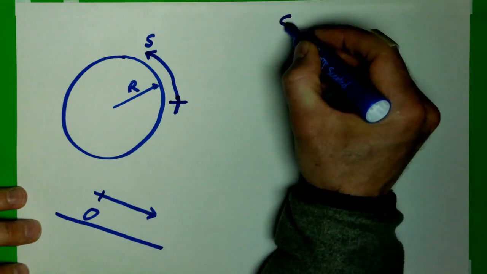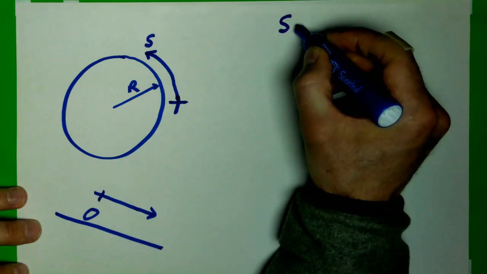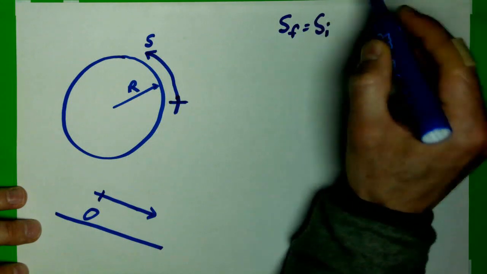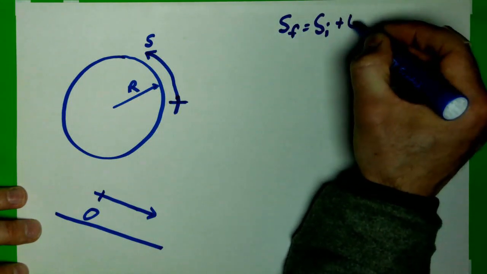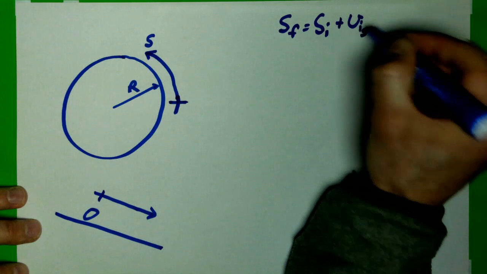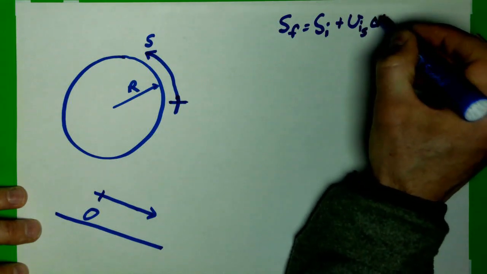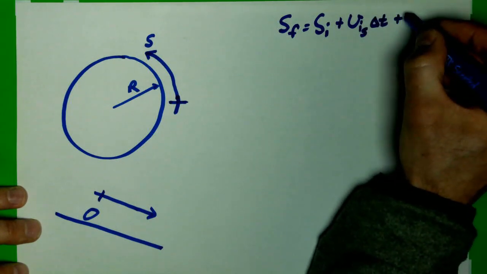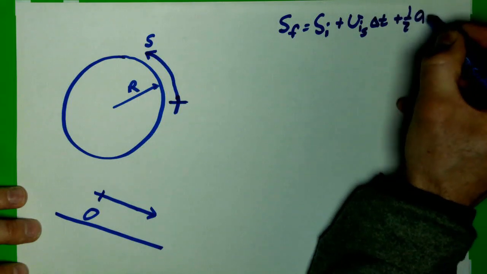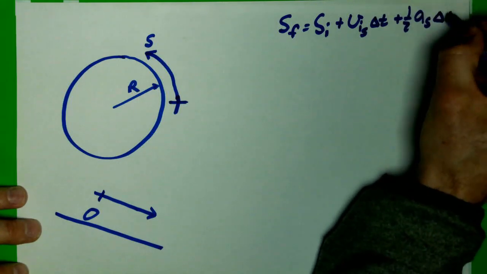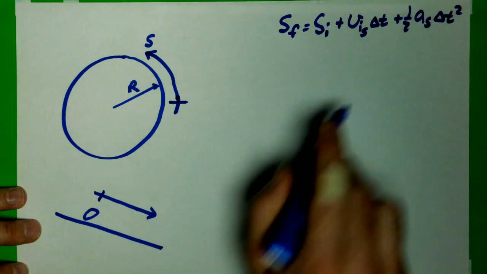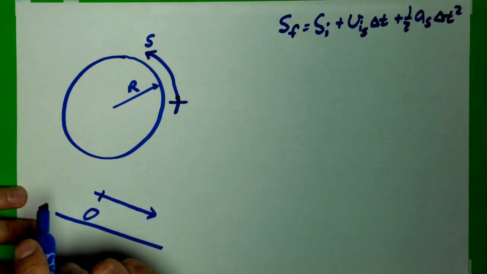We'd have S final equals S initial plus V initial S times our time period plus one-half A_S delta t squared, as well as the other two kinematic equations.